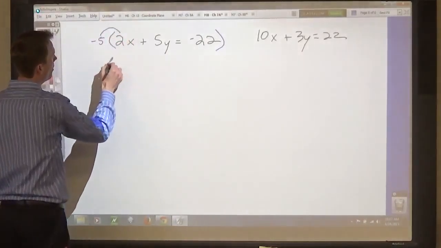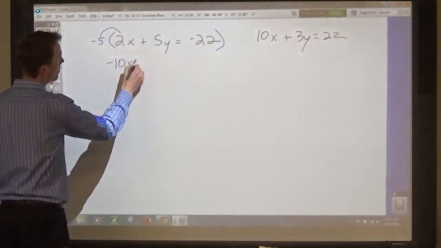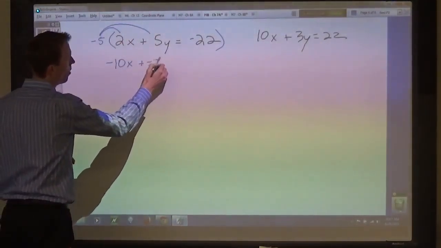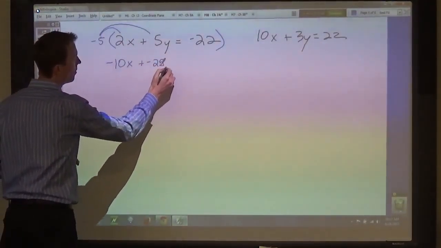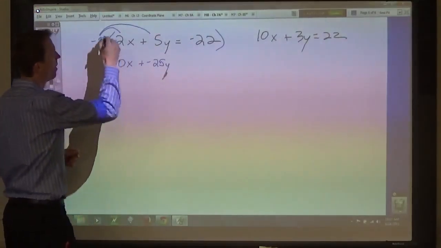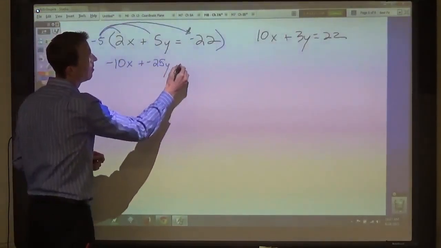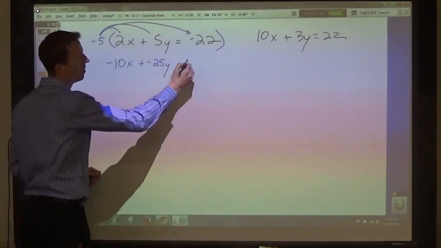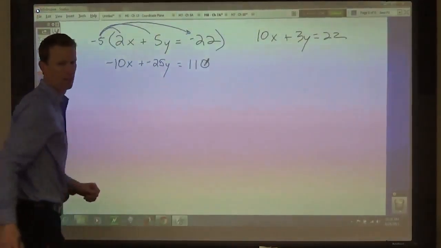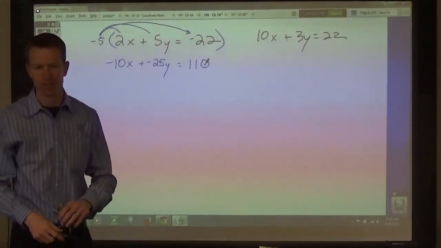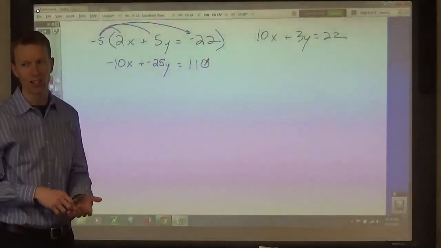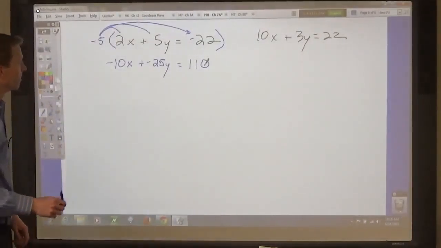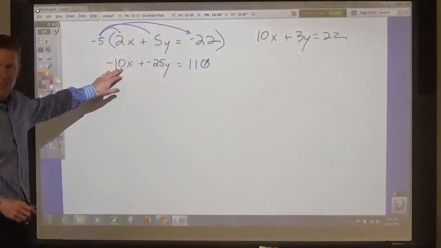So we have to make this negative 10x and negative 25y and positive 110, right? That's going to look a lot better than negative 110, like I tried to do yesterday. Now, add the equations together.